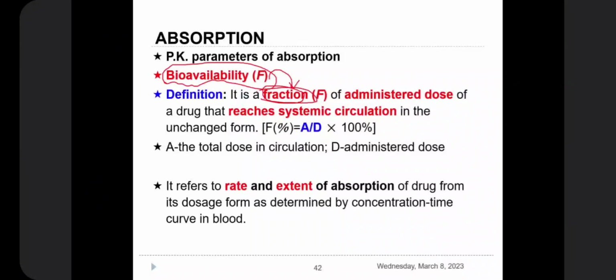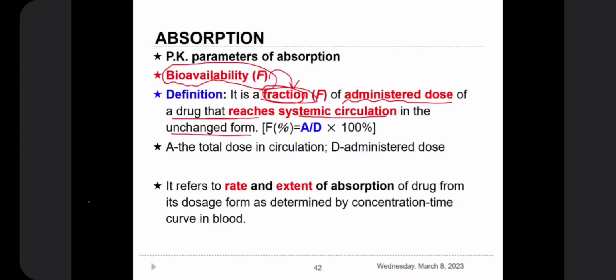Now let's see how to calculate it. Okay, see here. Bioavailability is the fraction of the administered dose of drug that reaches systemic circulation in the unchanged form.